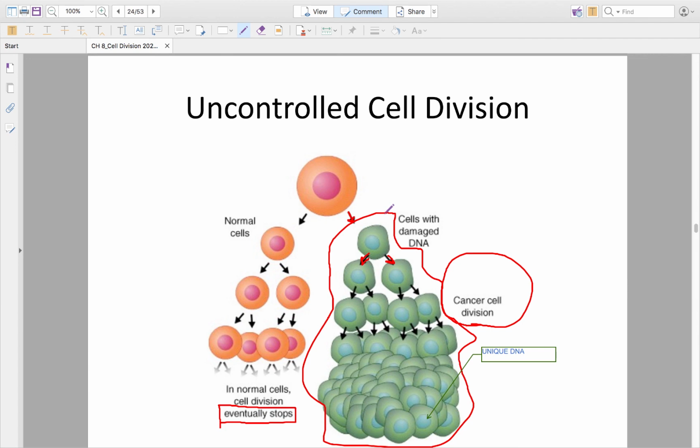Chemo is going to attack all of your cells that are dividing rapidly. Let's say we're talking about a cancer patient where the chemo will destroy the rapidly dividing cancer cells, but then it'll destroy the rapidly dividing normal cells too. So what are some rapidly dividing normal cells? Your skin, your entire GI tract.